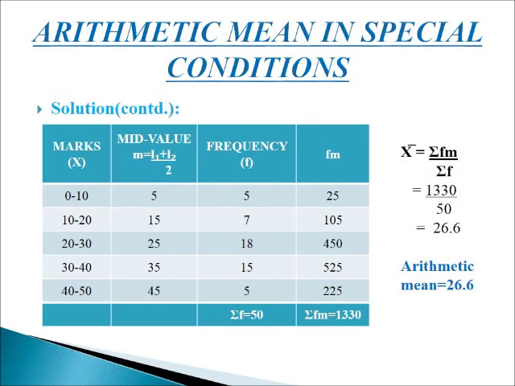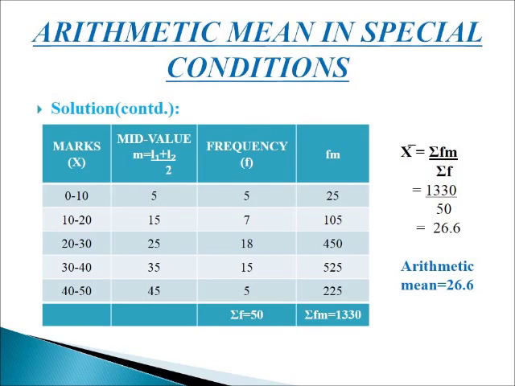By applying this formula, we will get the mid values, that are 5, 15, 25 and so on. In the third column, we will write the frequency, which is denoted by letter F. We have calculated it in our first table, that is 5, 7, 18, 15 and so on.